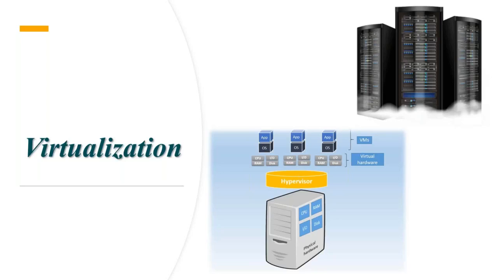If the application is very critical and they don't want any virtual machines, they want a physical box, then your Windows team, your server team, will build the physical servers. They will purchase the server physically, and on top of the physical server you can build your own operating system, and on top of the operating system you can build your applications.